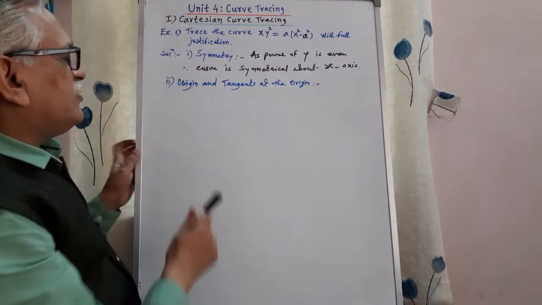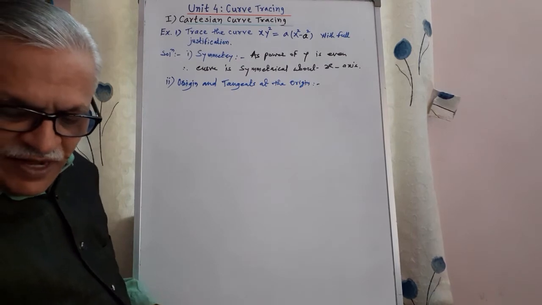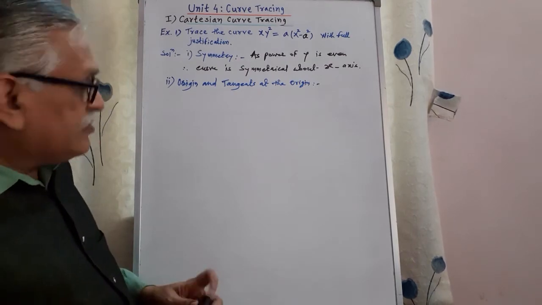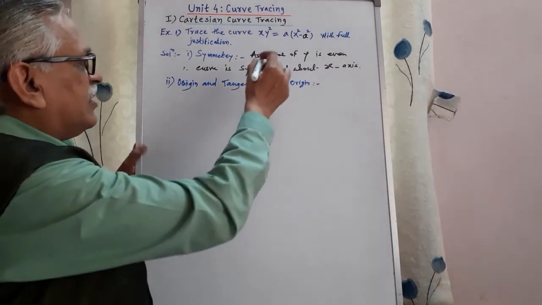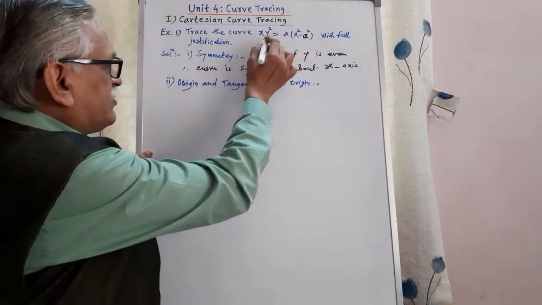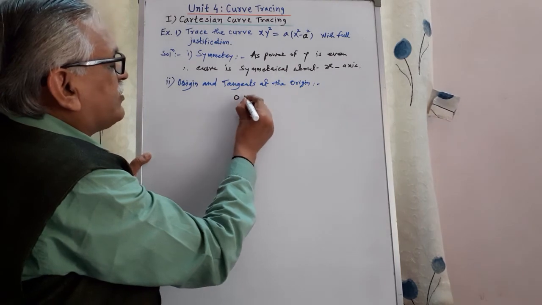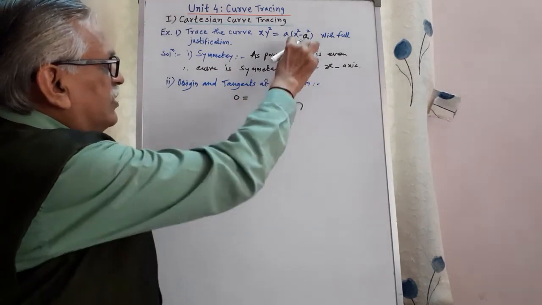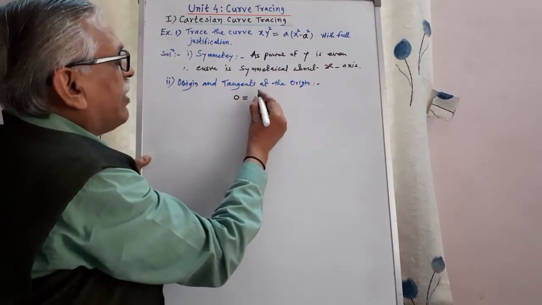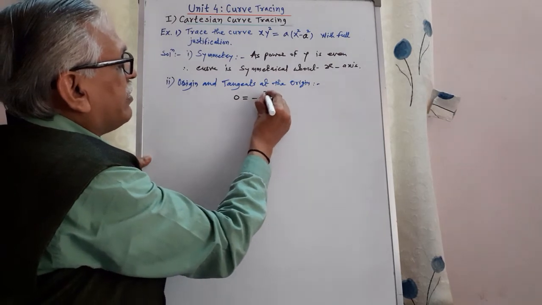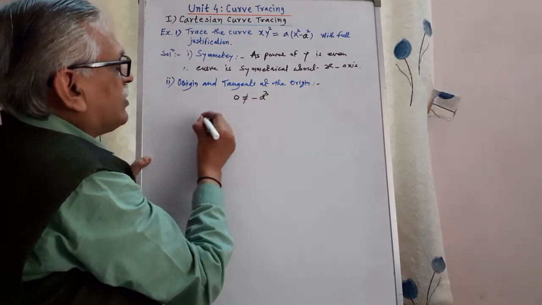Then second point, origin and tangents at the origin. For that, find the lowest degree. First put x and y at 0. If we put x and y 0, left hand side is 0. Right hand side becomes minus a cube, not equal.